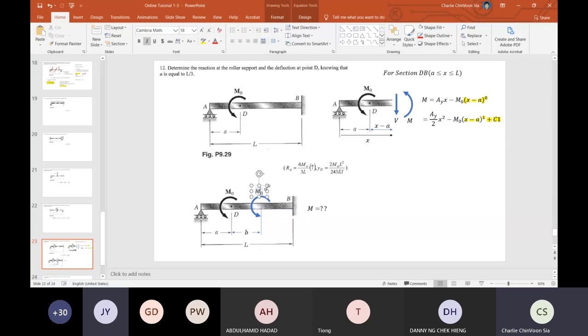So please keep in mind that when you cut a section, you need to include the distance x minus a power of 0. Just leave it in this form for the moment equation, and after that you perform the integration normally based on this moment equation.